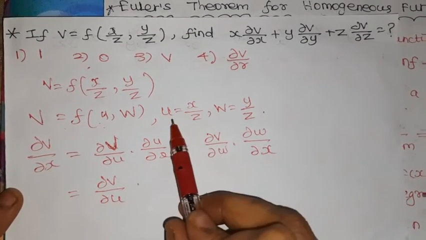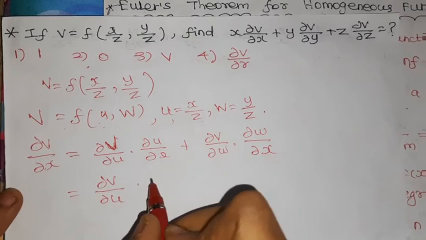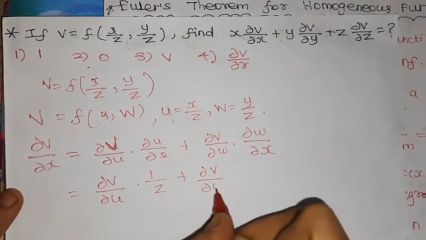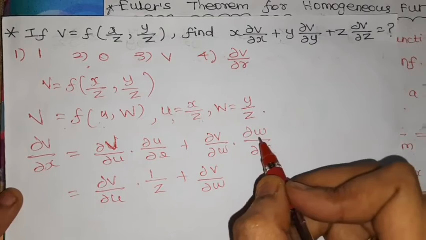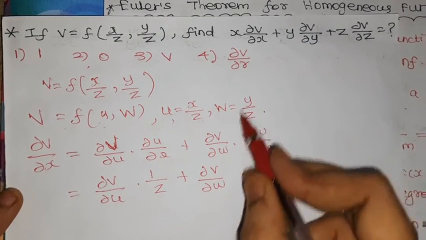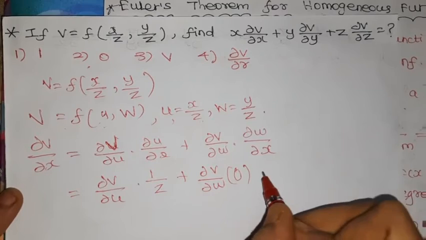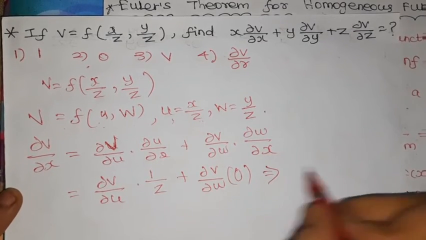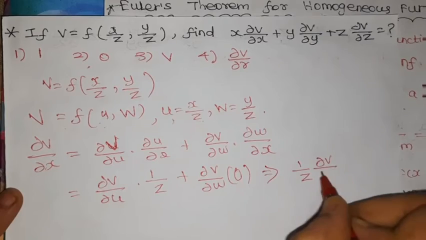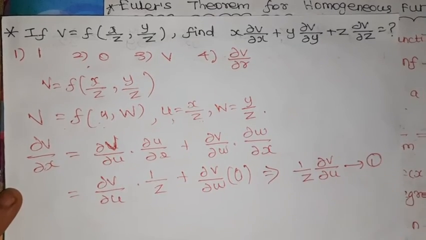Then ∂u/∂x, what is that? 1 by z, plus ∂v/∂w into ∂w/∂x. ∂w/∂x is nothing, right? No term dependent on x, so it is 0. So this term will get 0. What we can get? 1 by z into ∂v/∂u. See, it is equation 1.